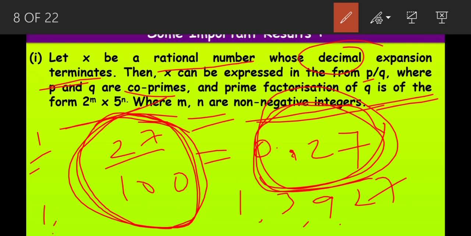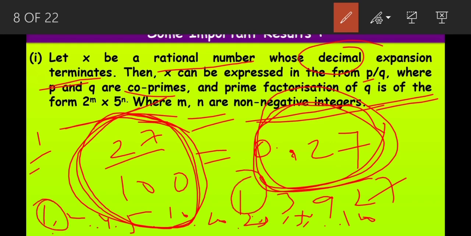It is divisible by 1, 2, 4, 5, 10, 20, 25, 50, 100. Is there any common factor except 1? No, because in both the cases 1 is the common factor. So they are co-primes. It is in the form of p by q, where p is 27, q is 100. Then p and q are co-primes.